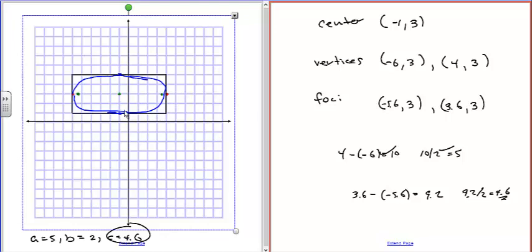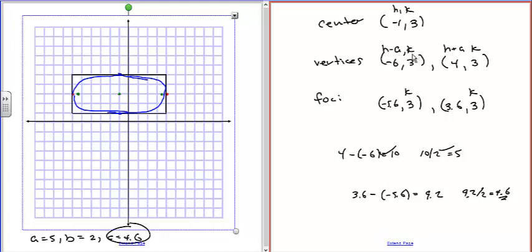I mean, there are special formulas. You know, this is H and this is K, and this would be K and this would be K. All these would have the same K. So you get that from the center. And this would be H minus A, and this would be H plus A. And these all depend, you know, if it has a major axis in the x direction, then you have this form.